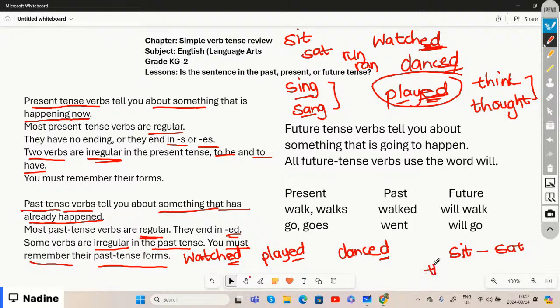I think about the answer. Oopsie. I think about the answer. Yesterday, I thought about the answer. Now, I take something from the fridge.